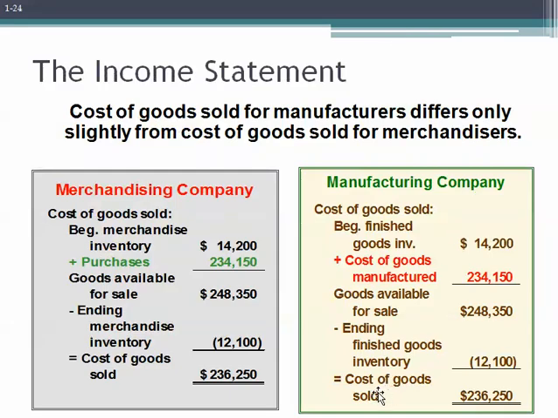This is the same cost of goods sold section for a manufacturing company that we looked at earlier. Beginning finished goods plus cost of goods manufactured gives us goods available for sale, and that either needs to be transferred out or sold, or it's left in ending finished goods inventory.